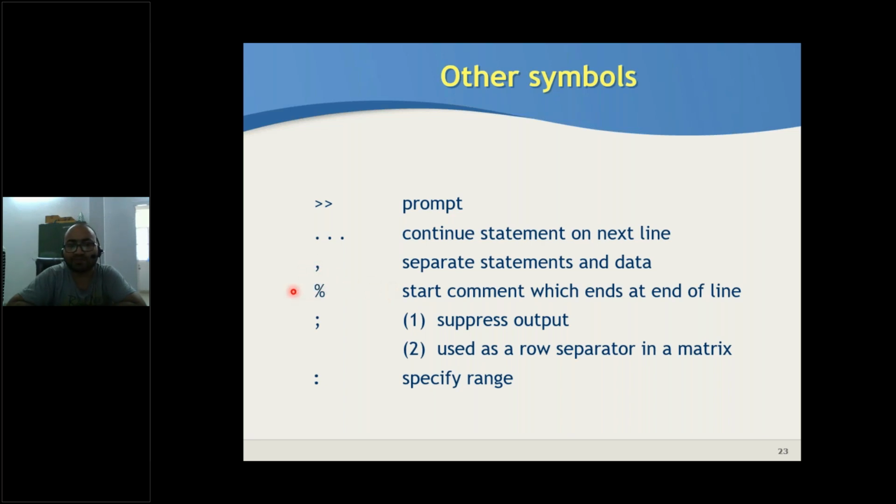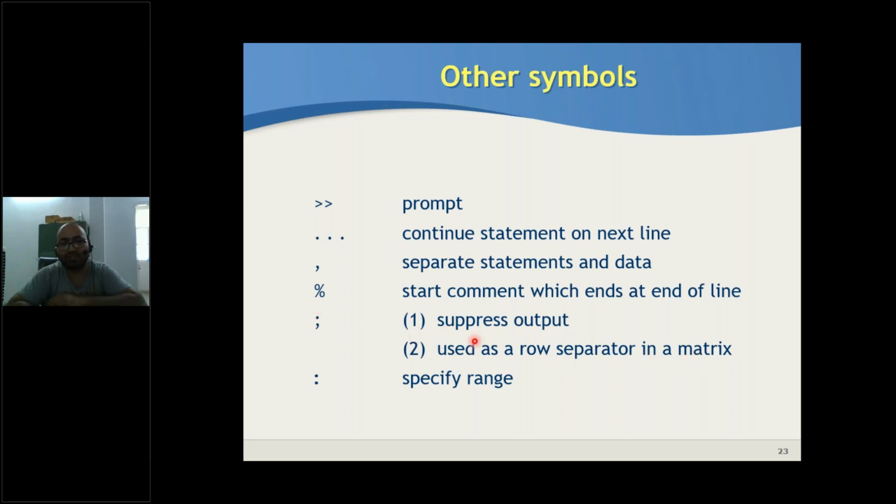comma. If you want to place a comment in front of any command, then you just need to add this percentage sign. Now there are two works of this particular semicolon. First, it suppresses the output, and in terms of matrix, it separates rows in a matrix.